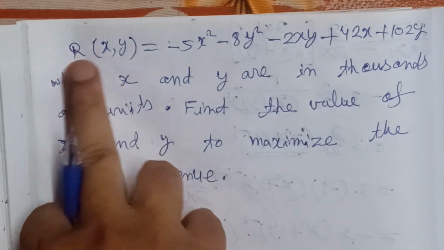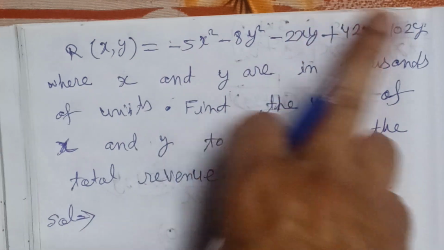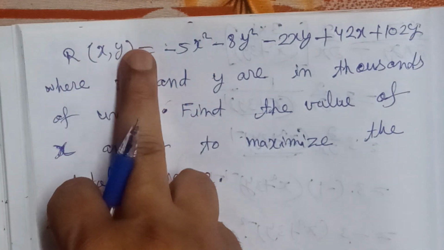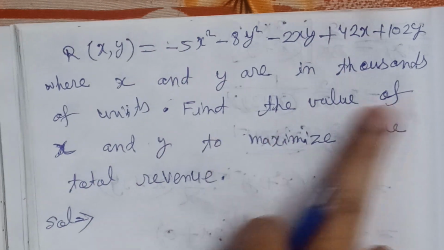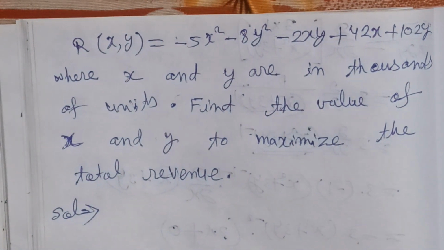Here R is revenue. We have to maximize the total revenue, which means we have to find the values of x and y for which R is maximum.